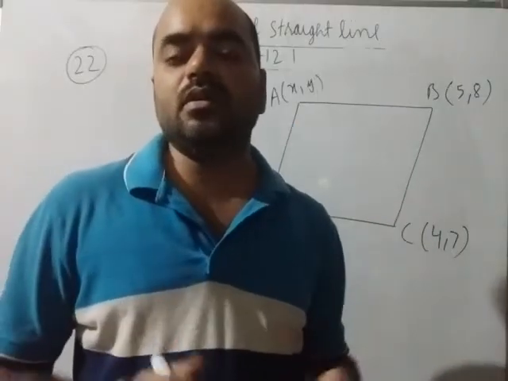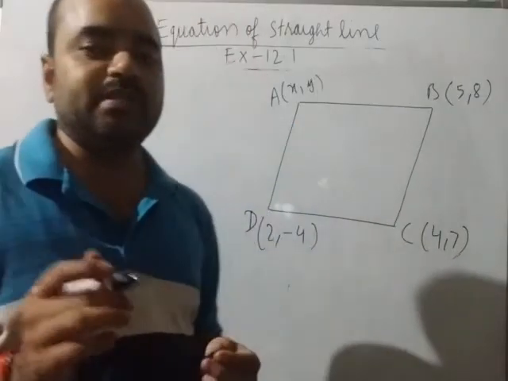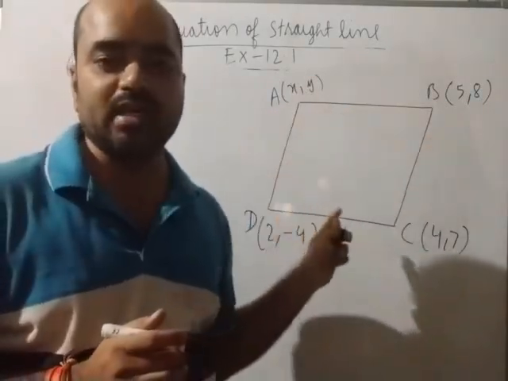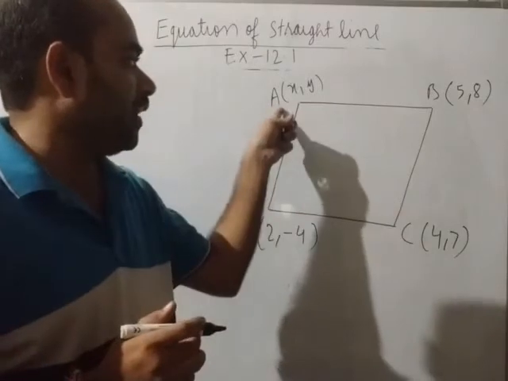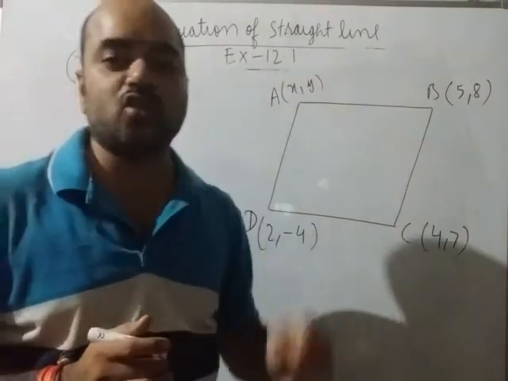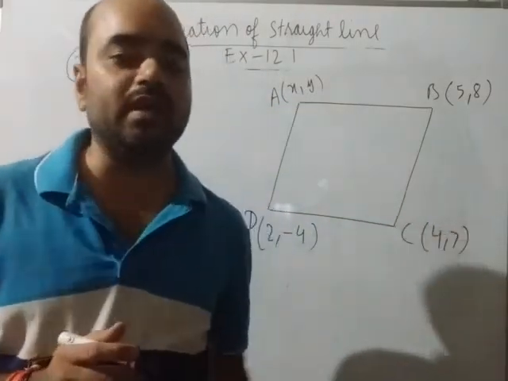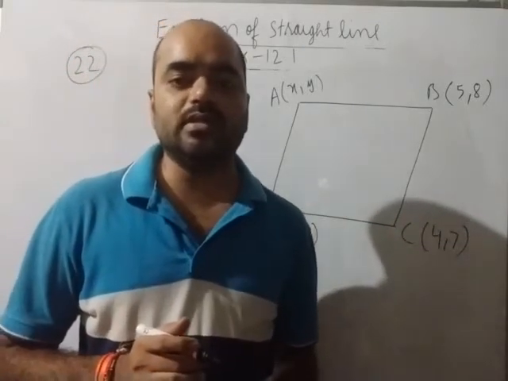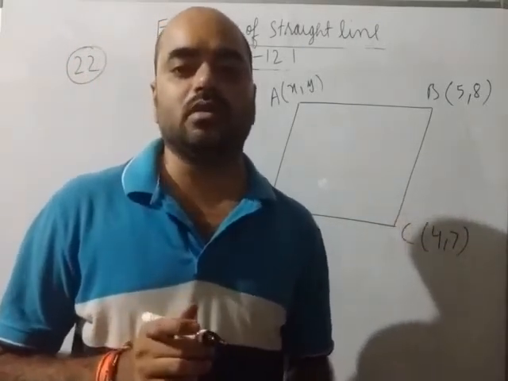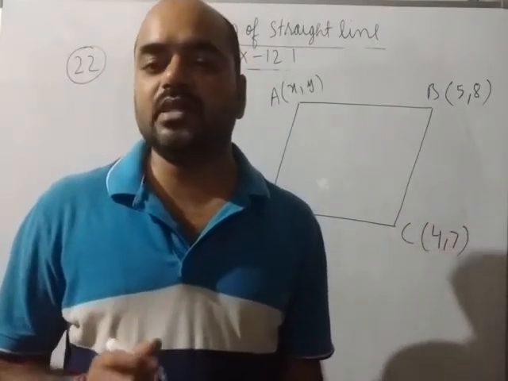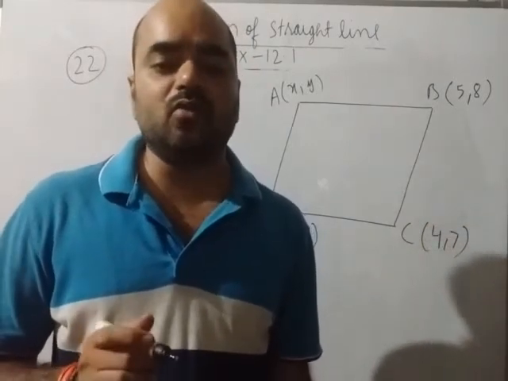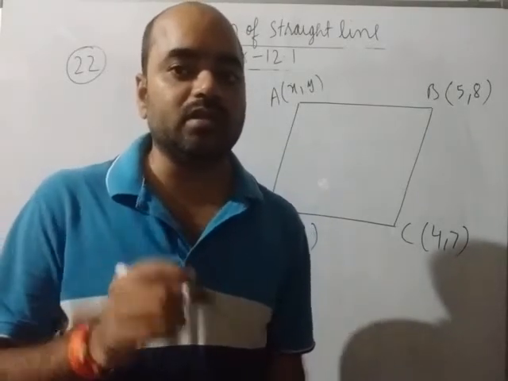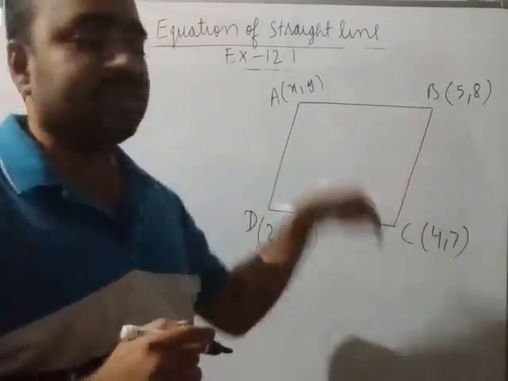So question number 22. ABCD is a parallelogram. Coordinates of all the points are given, but for point A, the coordinates are x comma y. So in the first part we have to find x comma y. How to find the coordinates? Using the midpoint formula. Why? If ABCD is a parallelogram, we know the properties of a parallelogram: diagonals bisect each other.